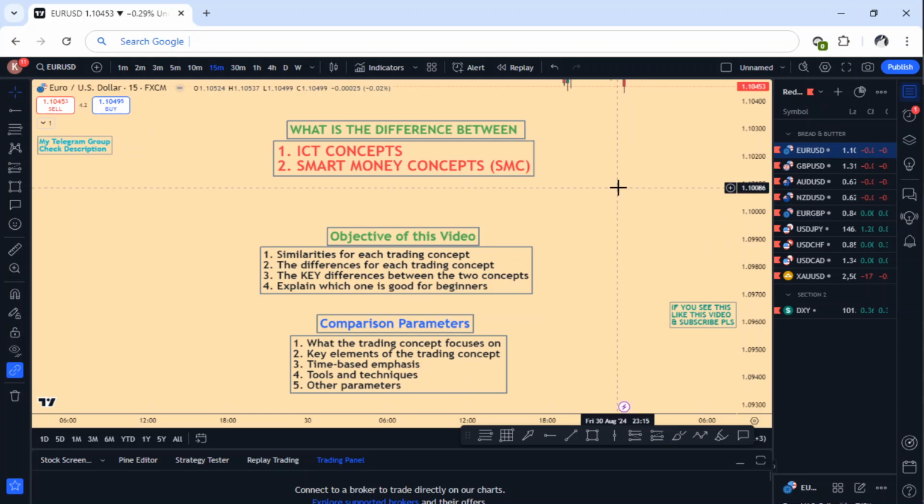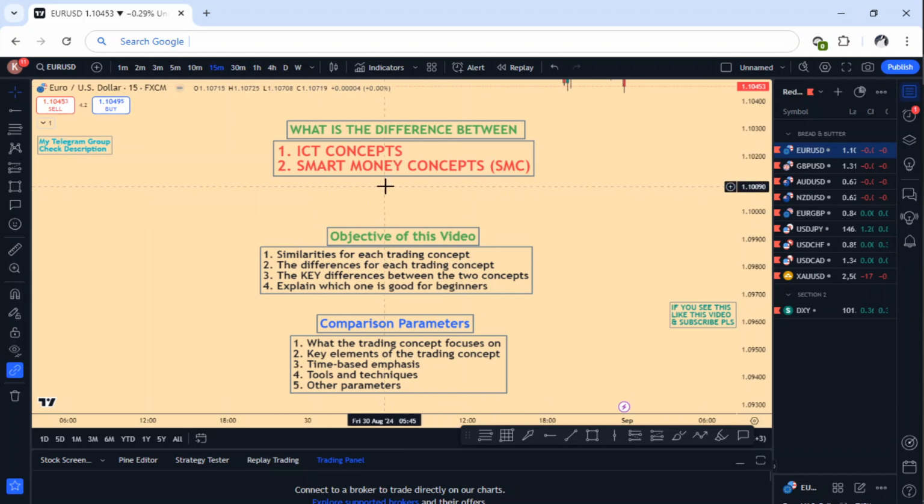Now the first thing I want you to know is that both ICT, or in other words the inner circle concepts, and the smart money concept are one of the commonly used trading strategies in the financial market, particularly in forex, stocks and other assets.